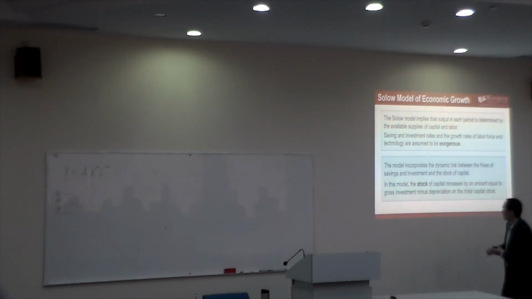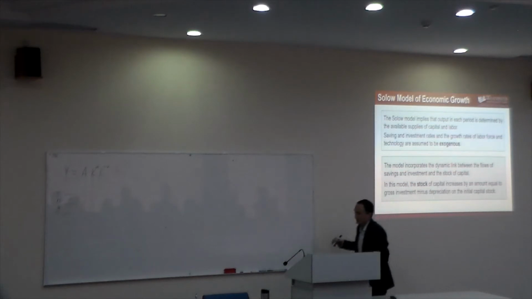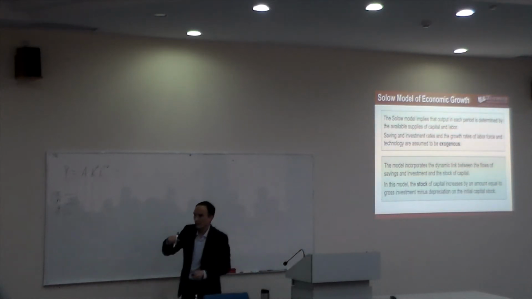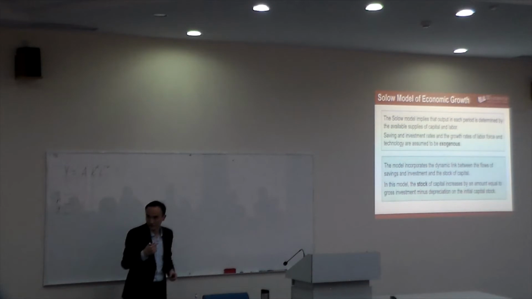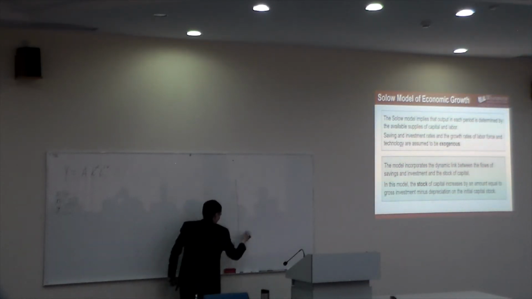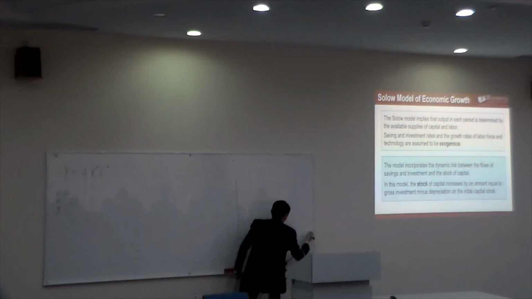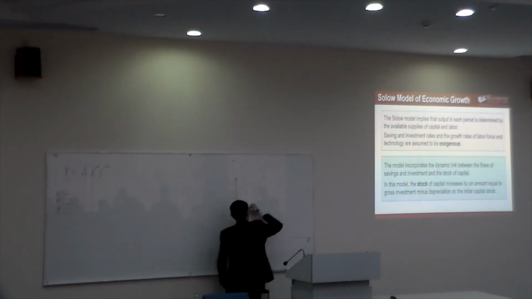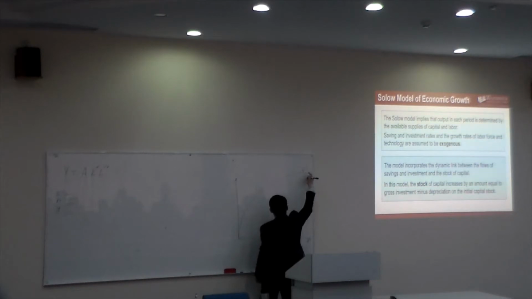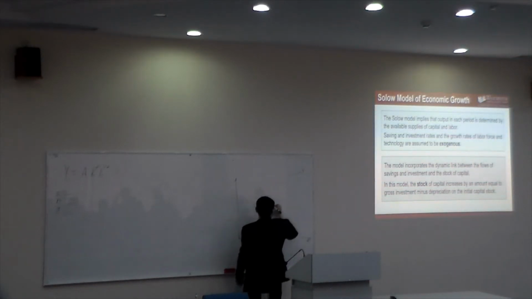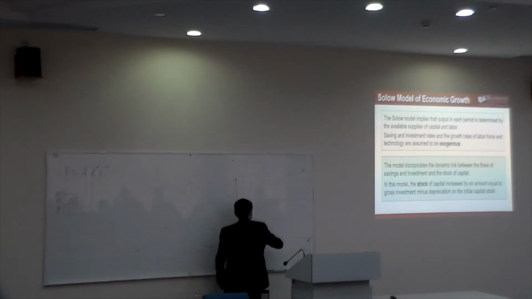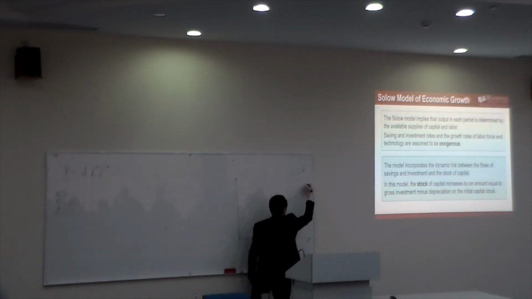So this model shows the dynamic link between capital accumulation and the change in saving rate. If you graphically draw it, I will plot capital on the horizontal line. This curve represents our output. Next is investment, and this one is the depreciation of capital.